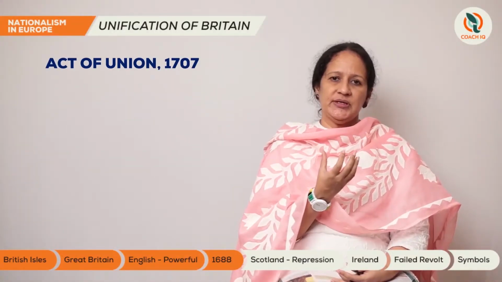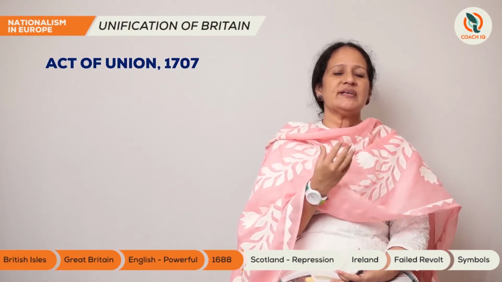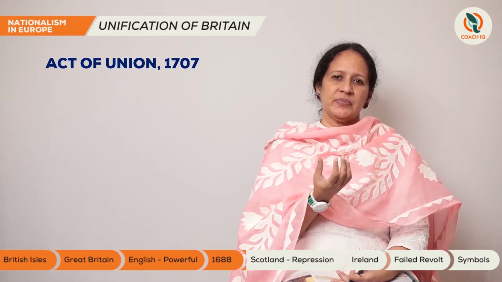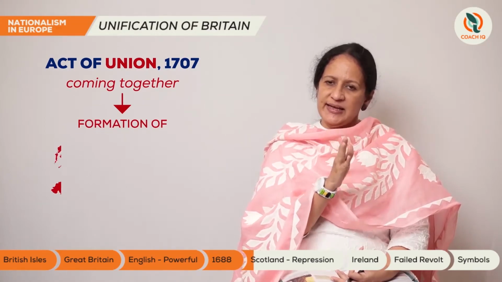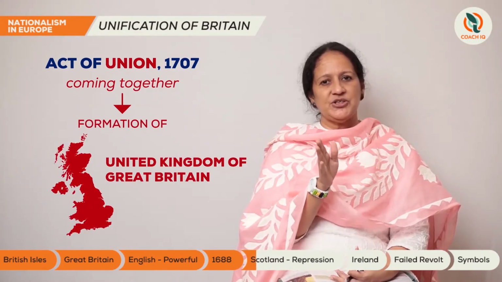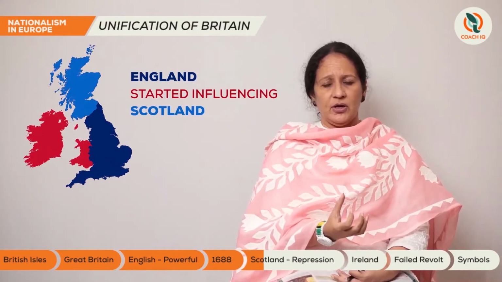Next, what happened was the Act of Union in 1707. What was the result of the Act of Union? Now union, the word only tells you something has come together. It led to the formation of United Kingdom of Great Britain. Now England started really influencing Scotland a lot.